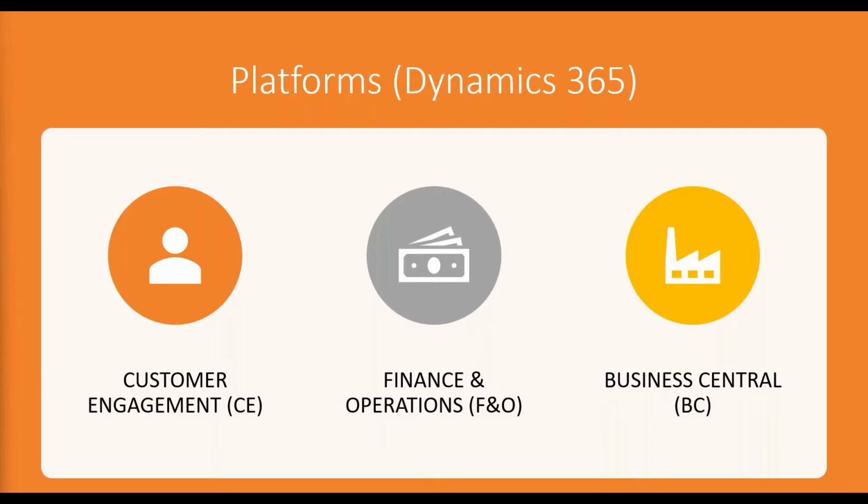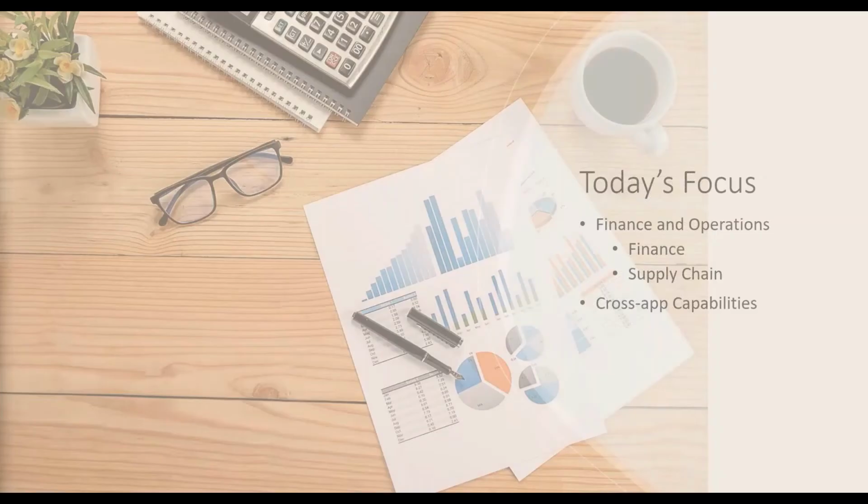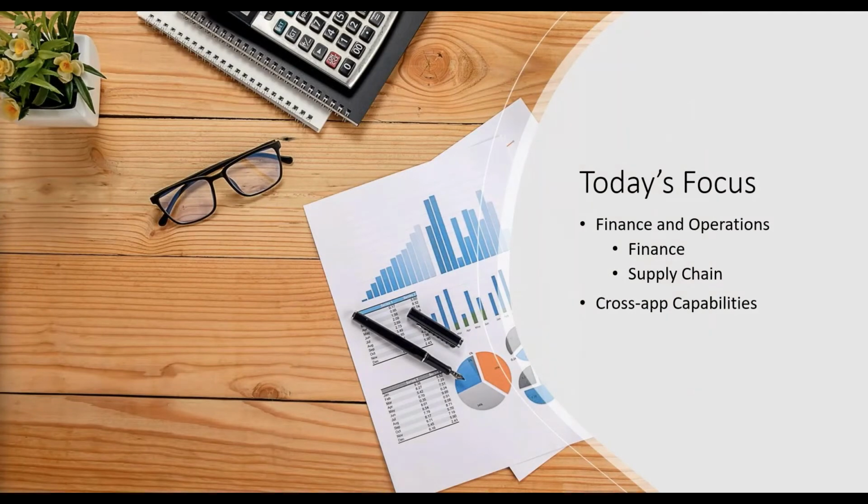And then secondarily, the Business Central solution, or BC as we call it, is an SMB platform that's basically designed for small and medium businesses. So each of these different platforms has release notes related to them. But today, as we have said, we're going to dive more into the finance and operations perspective.